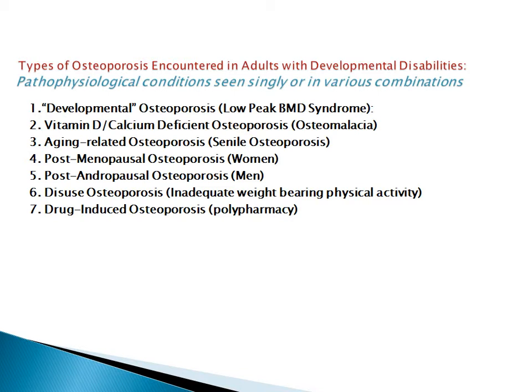Postmenopausal osteoporosis in women and post-andropausal osteoporosis in men. Disuse osteoporosis due to inadequate weight-bearing physical activity. And lastly, drug-induced osteoporosis, which is caused by polypharmacy for the most part. And I'm going to be going over these in more detail towards the end of the talk.